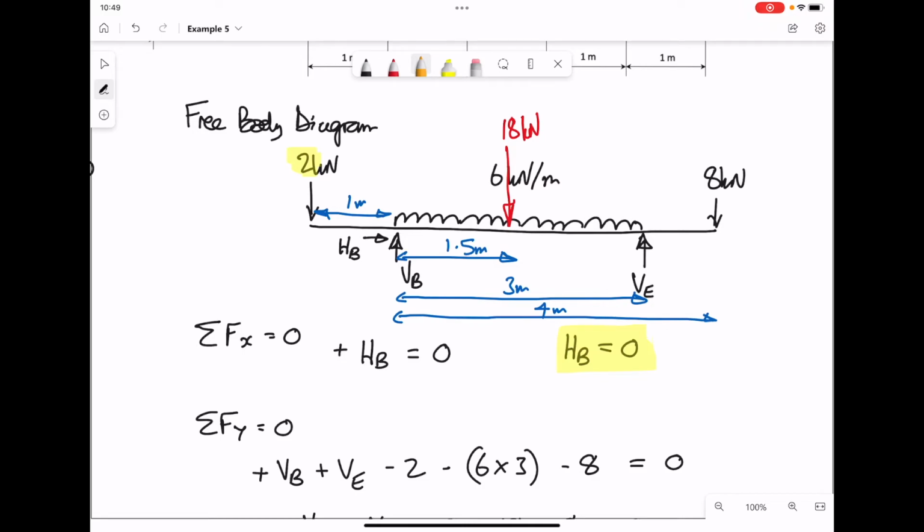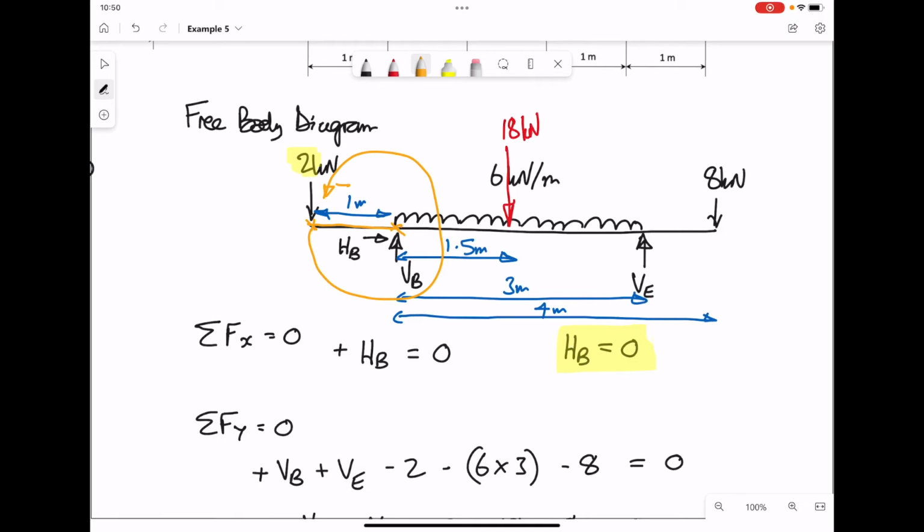So here, 2 kilonewtons. Imagine if it were on a piece of string. You're holding an imaginary piece of string at point B. How would the 2 kilonewtons rotate around point B? It would want to rotate around in an anti-clockwise direction, therefore it would be a negative moment. HB, VB don't produce a moment because they're acting at the point.